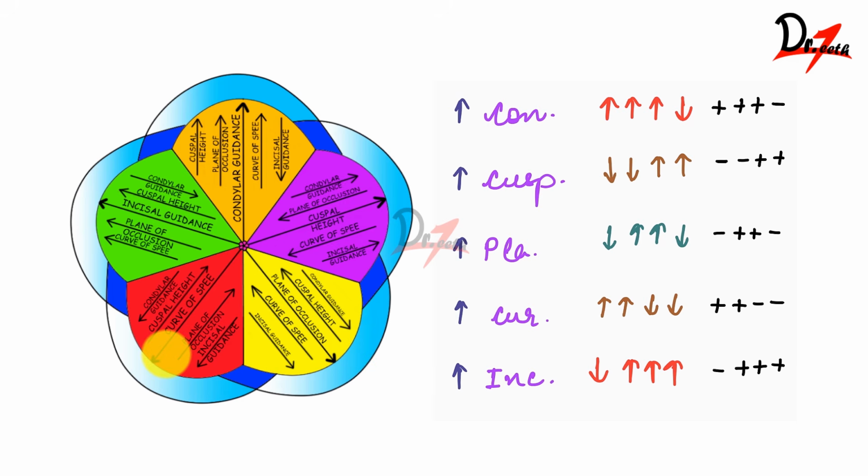Then when the curve of Spee increases, incisal guidance increases, condylar guidance increases, cuspal height decreases, and the plane of occlusion decreases. Finally, coming to incisal guidance, when the incisal guidance is increasing, only the condylar guidance decreases, and these three, the cuspal height, plane of occlusion, curve of Spee, all increase.